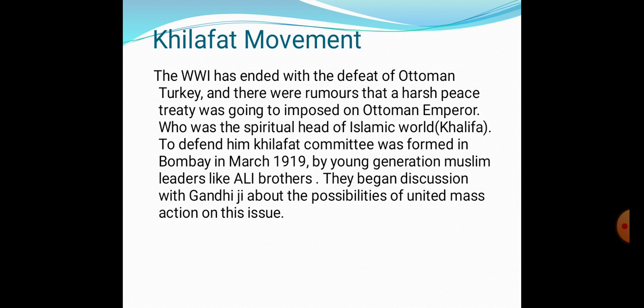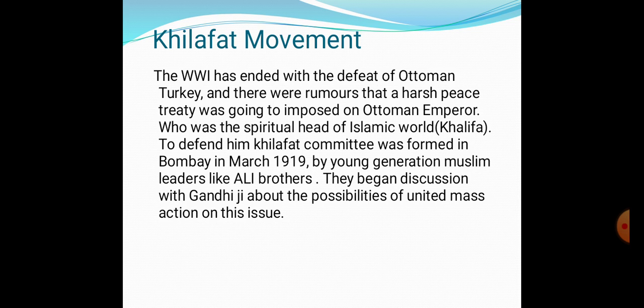The Ottoman Emperor was the spiritual head of Islamic world or Khalifa. To defend him, Khilafat Committee was formed in Bombay in March 1919 by young generation Muslim leaders like Ali brothers, Muhammad Ali and Shaukat Ali.